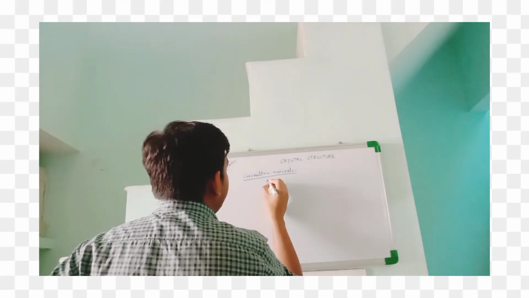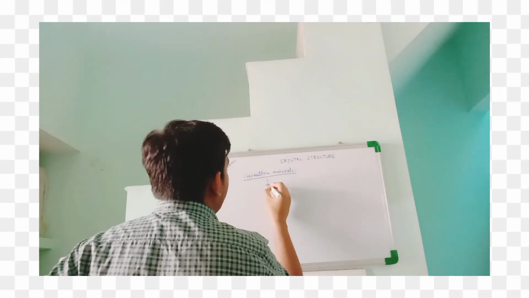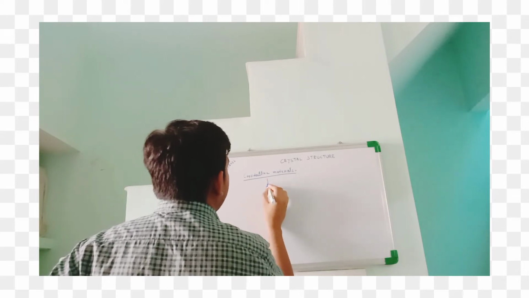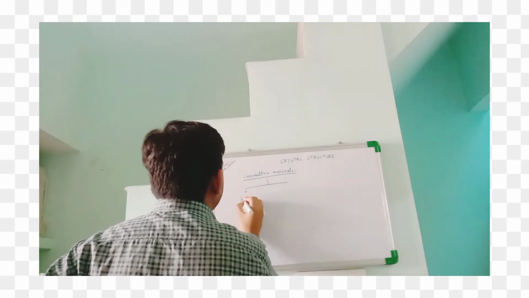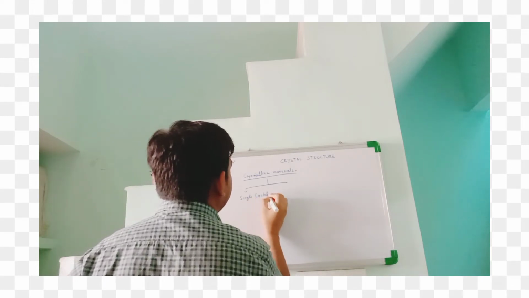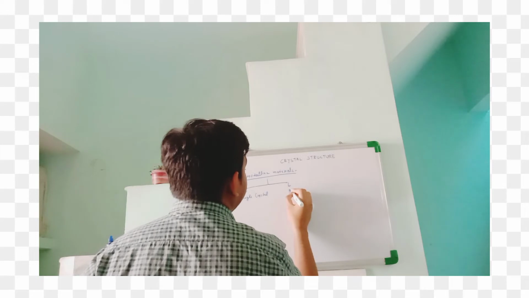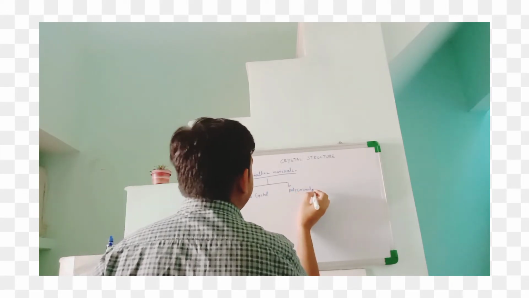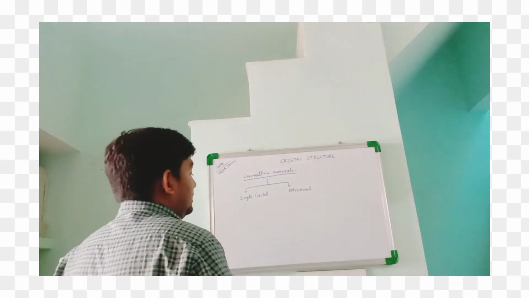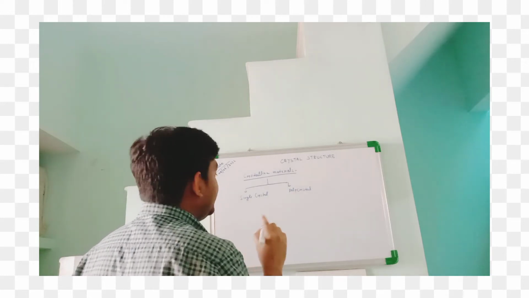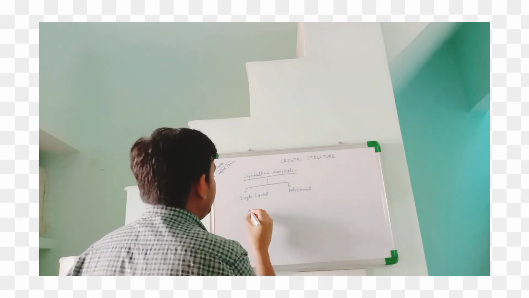Crystalline materials can further be classified into single crystal or polycrystalline. In single crystals, atoms follow a certain or single geometry.